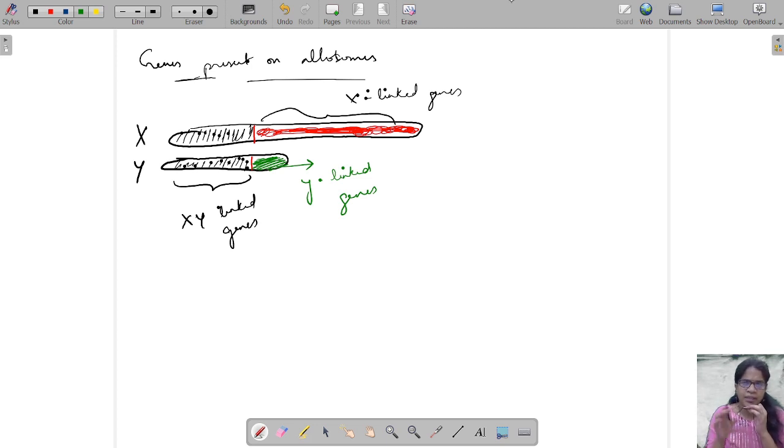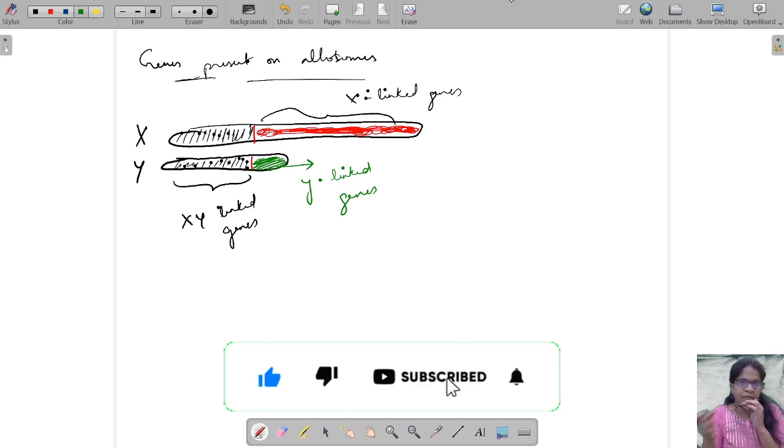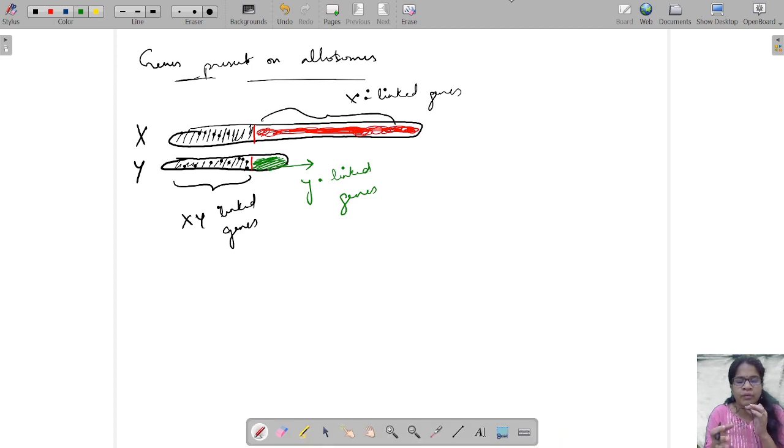Okay, so what is color blindness? Color blindness is a condition where the person or the patient is not able to distinguish the green color and the red color. It's a very important test for many drivers before they get a driving license. Whoever is applying for a driving license has to go through the test because they should be able to distinguish the traffic lights.